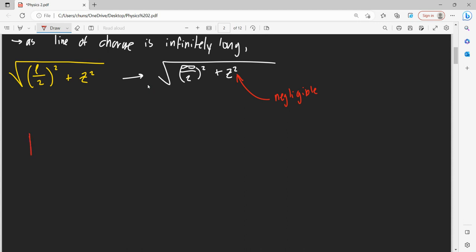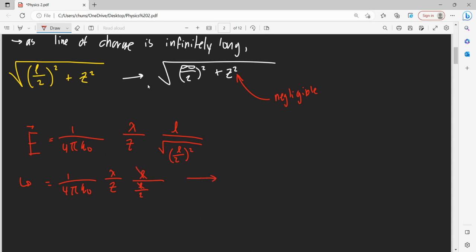So in that case, our equation for electric field will just simplify down to, so that's L over 2 squared. Simplify it down even more. So that's L over L squared. Cancel those L's.